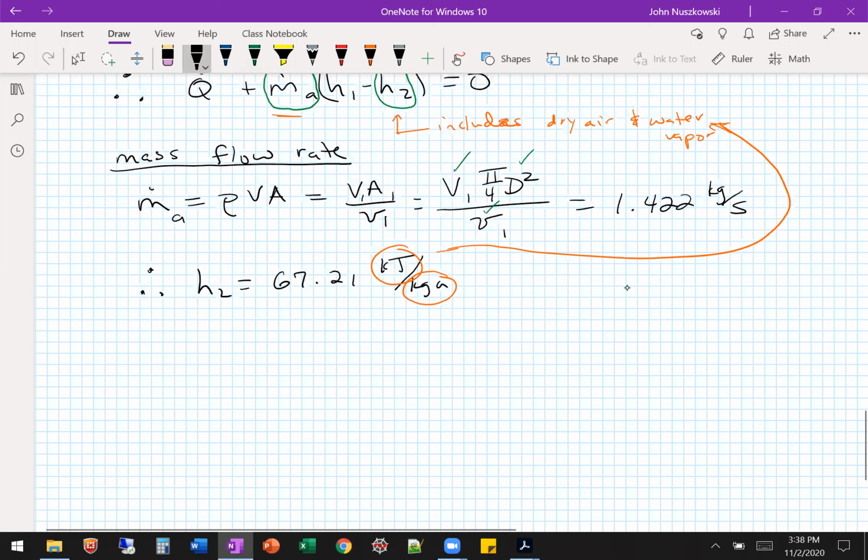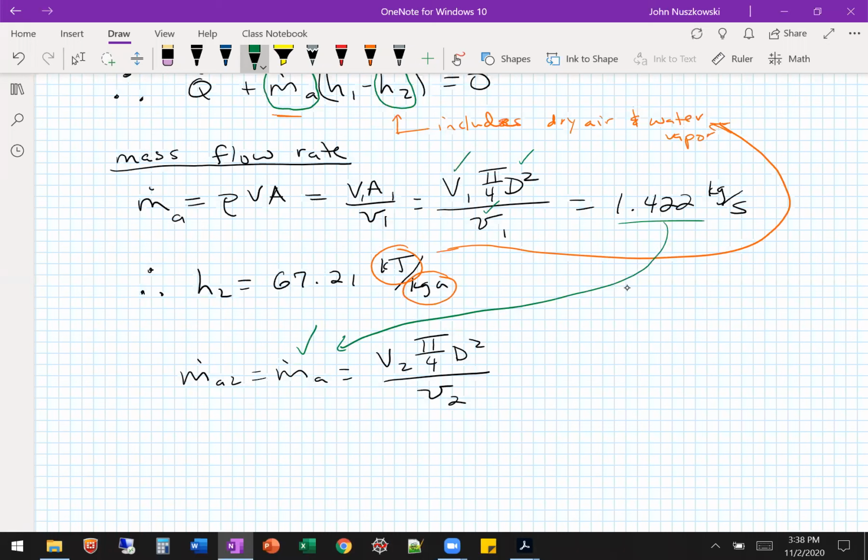We can solve this directly, where the mass flow rate of air at the outlet is V2 times pi over 4 d squared over the specific volume at the outlet. We have the mass flow rate of dry air, it's the same. We're looking for velocity, and the diameter of the tube is the same.